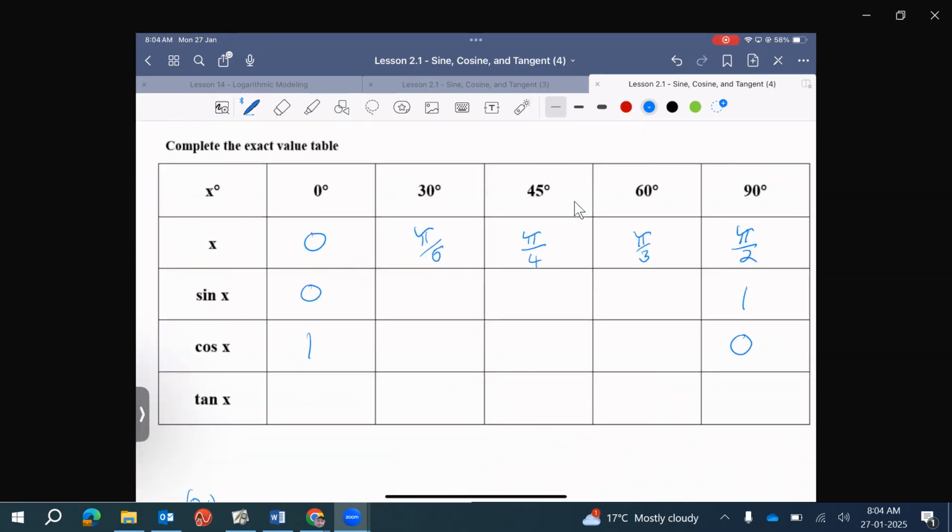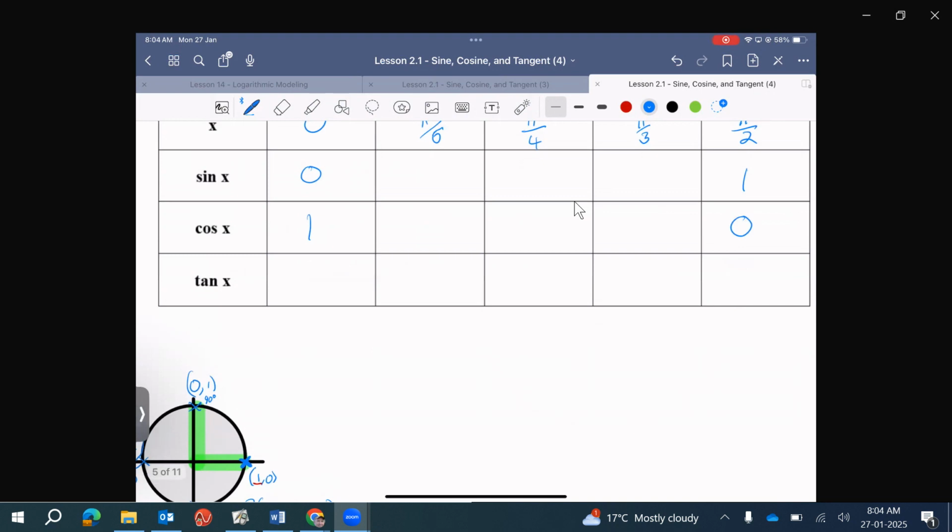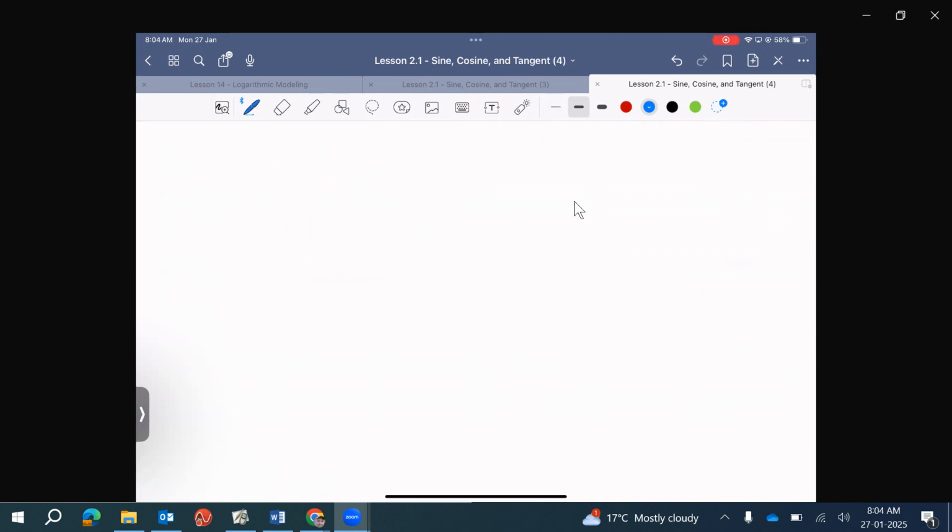Okay. So your special right triangles now. Let's take an equilateral triangle, poorly drawn.